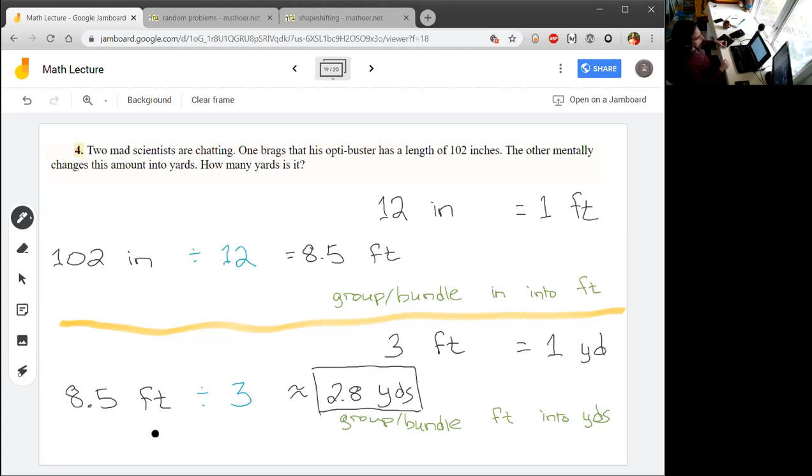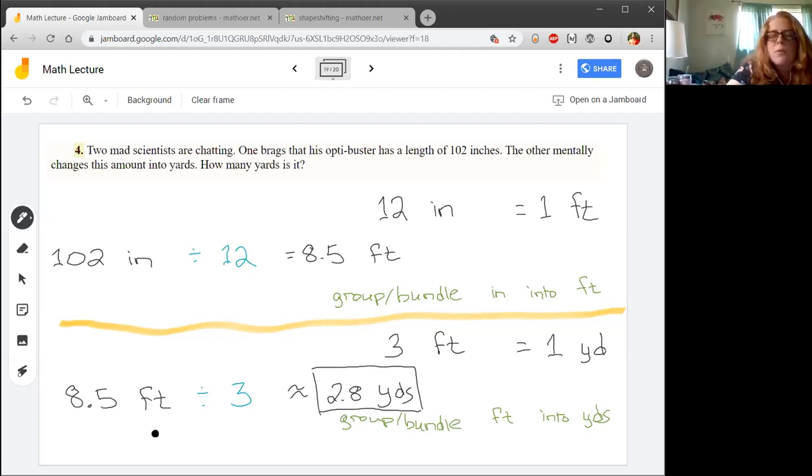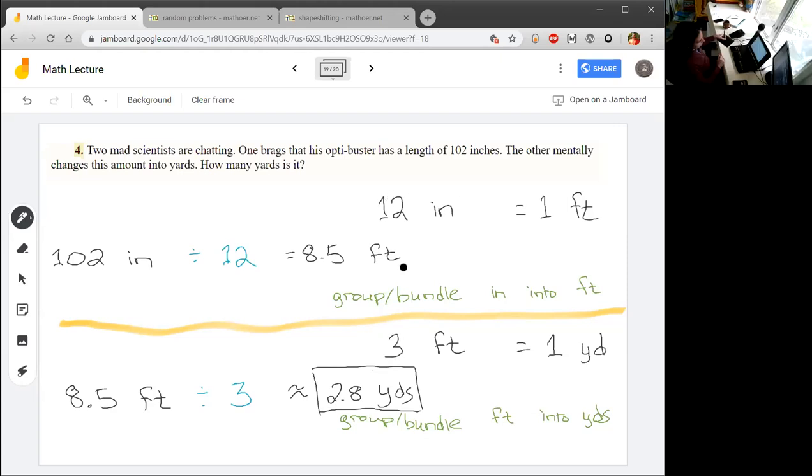Good correction. More questions on this one? So how many inches are in a yard? Okay. You'd put the 12 and the 3 together and get 36. If you wanted to memorize that or keep that in your notes, you could.